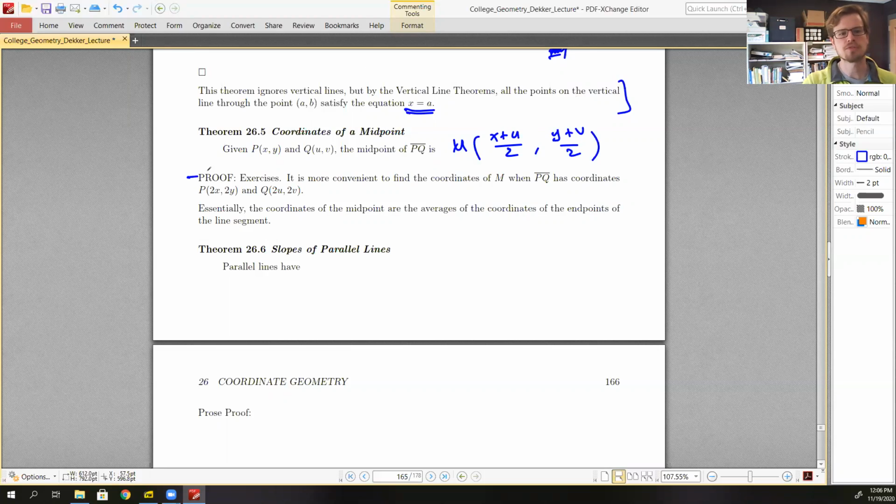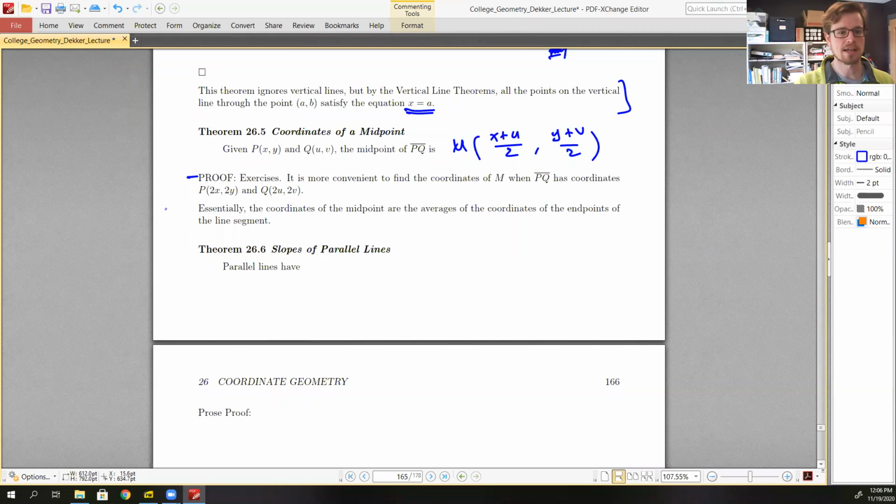Now, the proof of this is given as an exercise, and much like we'll see for not only that proof, but for other proofs in this section as well, sometimes it's convenient to write things instead of as x comma y and u comma v, write it as 2x, 2y, and 2u, 2v. It's still generic because we can divide any real number by 2, or we can express any real number as a product of 2 and some other number, and that's great.